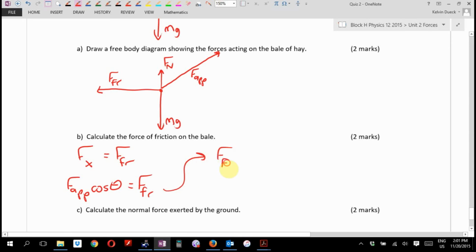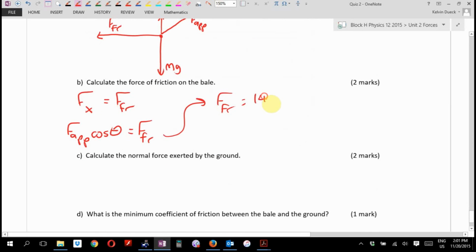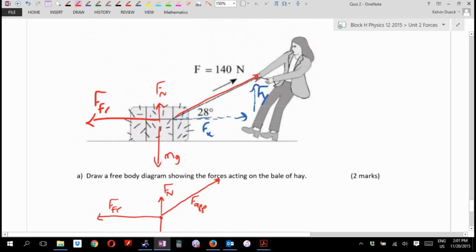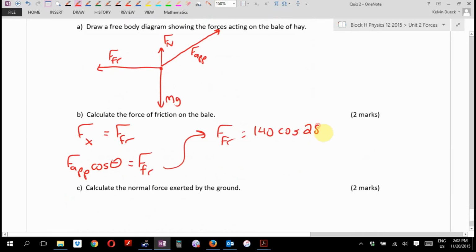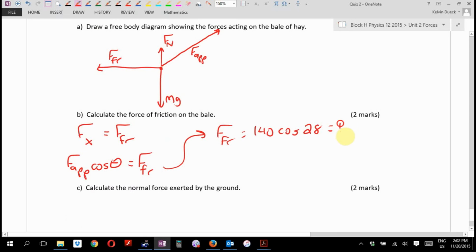So friction is going to be the applied force, 140, times the cosine of 28. I think friction is going to be 123.61. I'm going to write 124, but I'll keep this on my calculator. I would probably give you 1 mark for that, half mark for that, half mark for the answer.